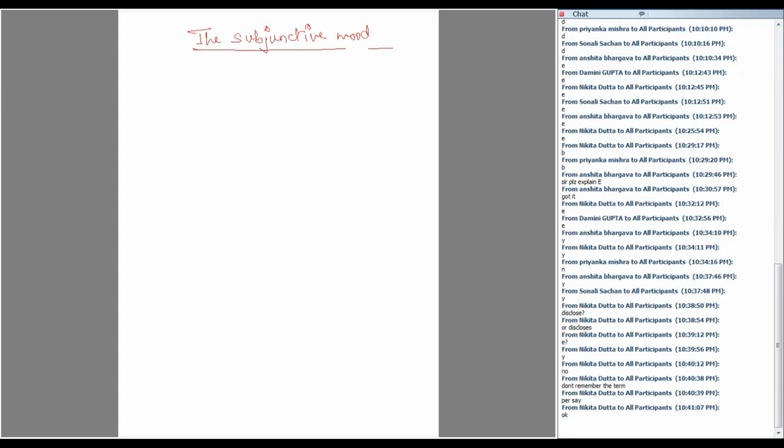So, what is the subjunctive mood? Sentences where we want to give any command, make any request, express any wish or desire, or talk about a hypothetical situation.